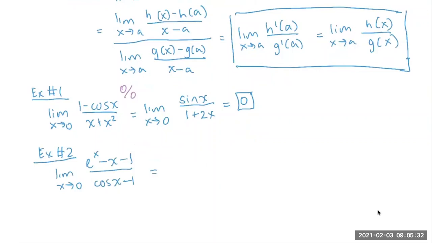Take a moment and type into the chat, what do you guys get when you do your initial plug-in for this? Okay, good. I've made a mental note that when I plugged it in, I get 0/0, so good.